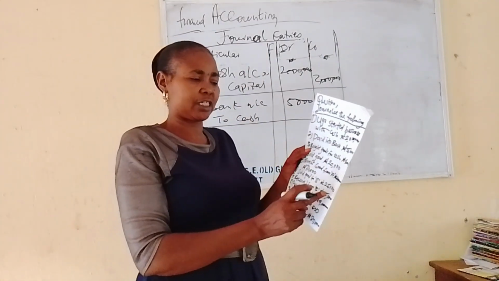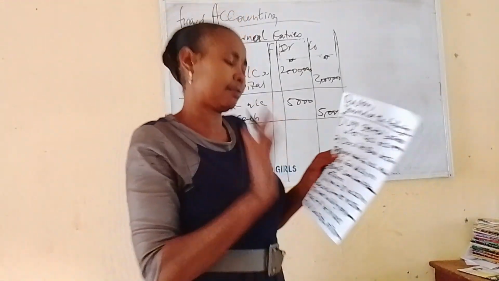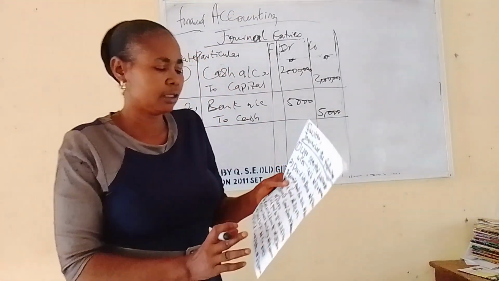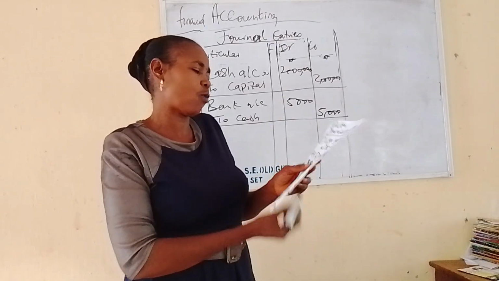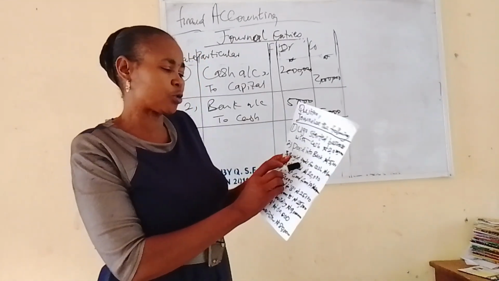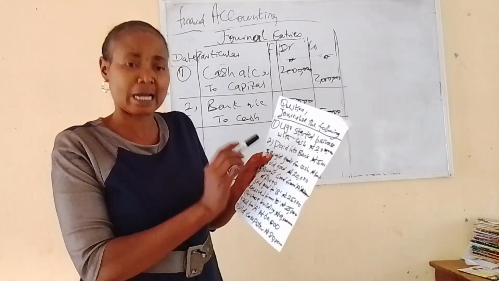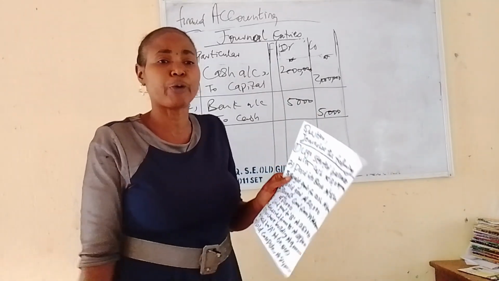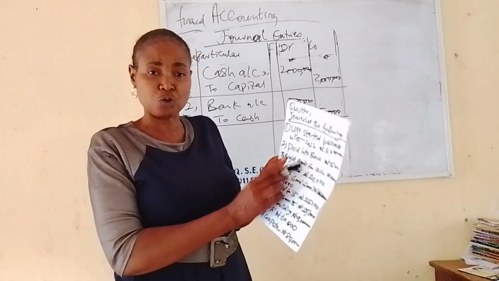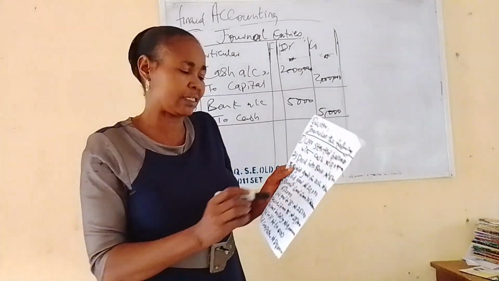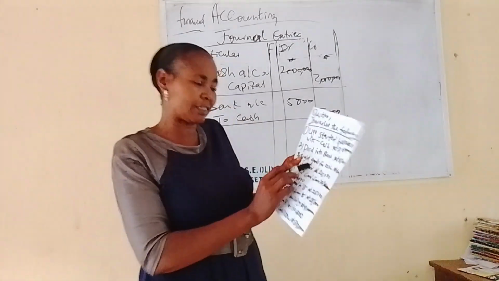Bought goods for cash, 6,000 naira. Here, find out the two accounts that are involved. But when you see bought goods in accounts, we don't record bought goods; we record purchases. So this is purchases.